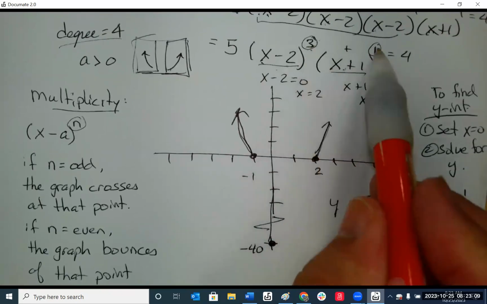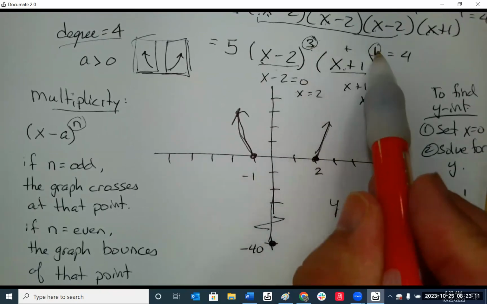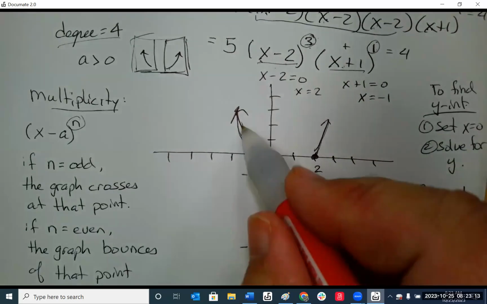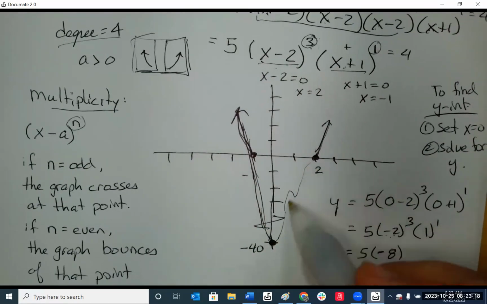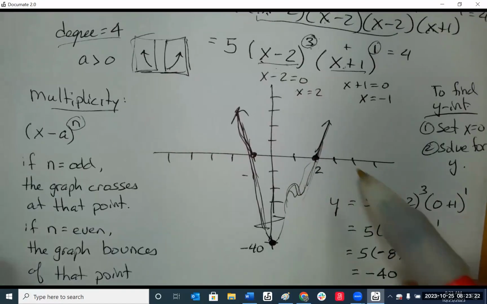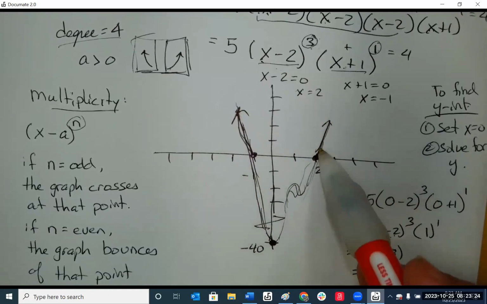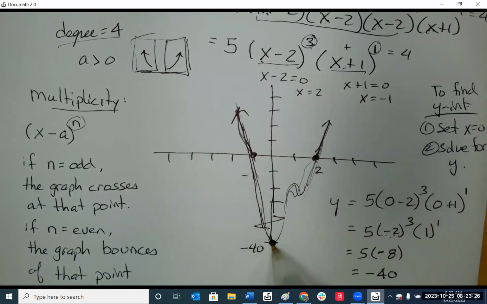So since both of our multiplicities are odd, we know the graph crosses at those points. And we can have the graph look different. All we know is that these two go up, it crosses the y-axis, and the rest of the graph is below the x-axis.